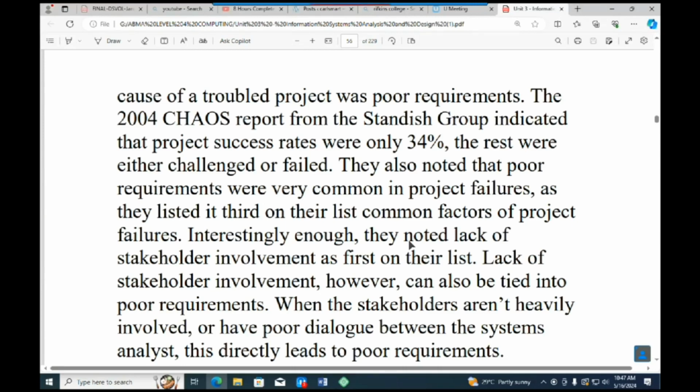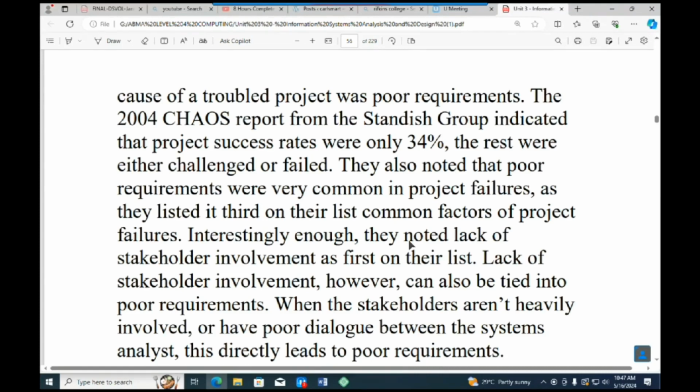In other words, out of 100%, according to the 2004 CHAOS report, 34% of projects were successful, and the rest were failed or challenged projects.